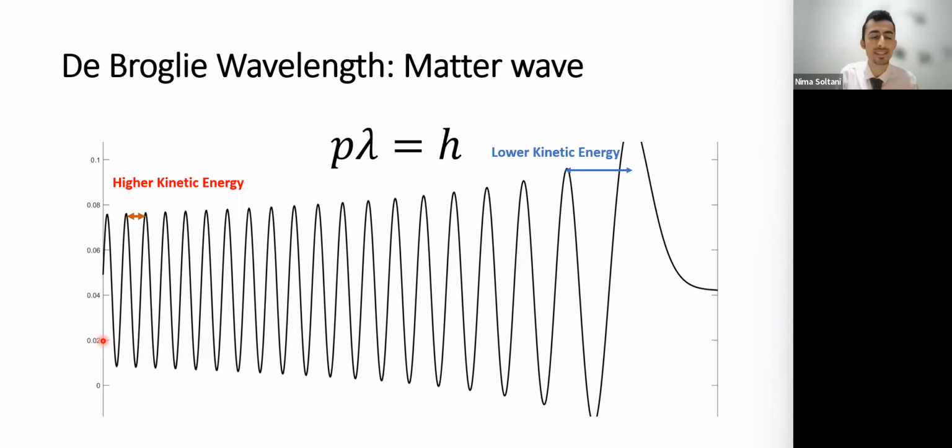So the de Broglie wavelength is described by this equation, and it states that the higher the kinetic energy, the higher the momentum of the particle, the lower its wavelength. Here we have a smaller wavelength than here. Here we have a larger wavelength, and the larger the wavelength is, the lower the kinetic energy.